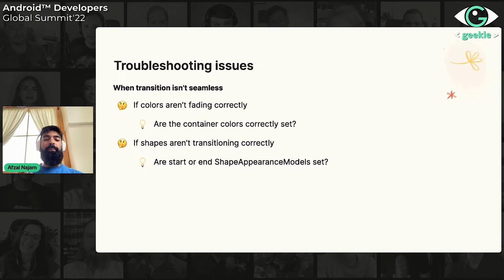So what you do is you set the start shape appearance model and end shape appearance model on the MaterialContainerTransform instance. And then it seamlessly transitions. Once the transition is over, again, your view takes over and shows the exact same thing, so it doesn't look like a hack or something. What else can go wrong?